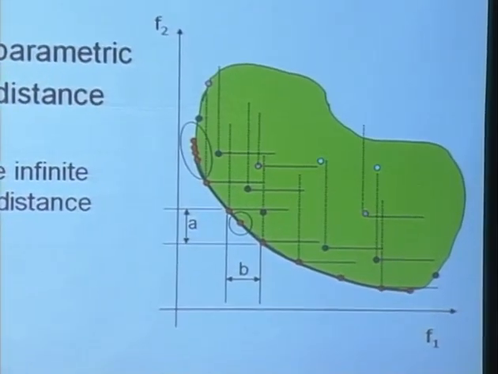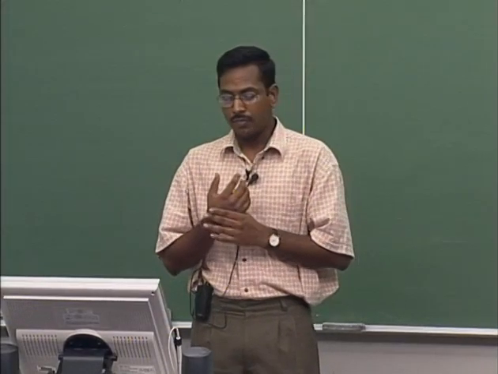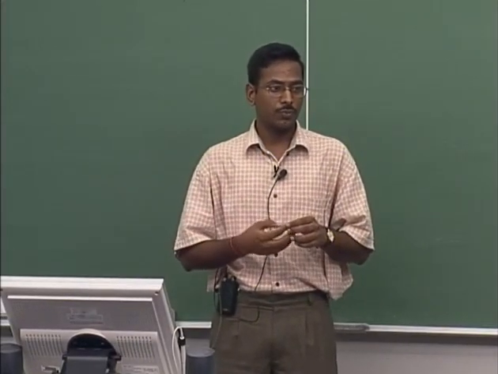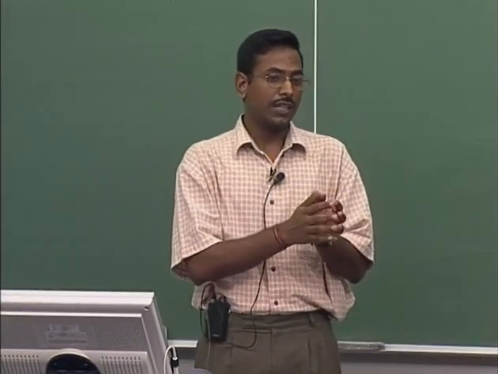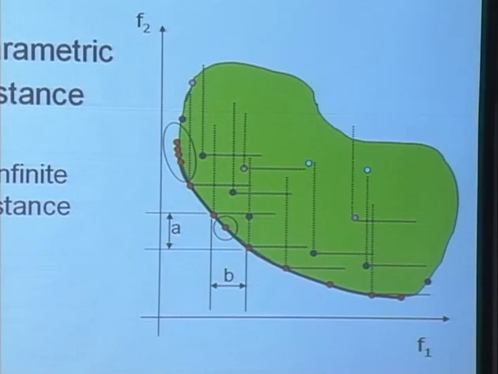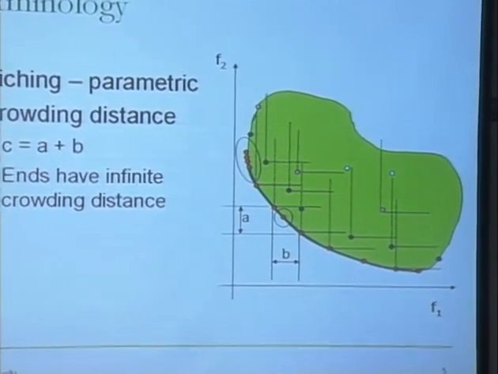If a lot of solutions fall in this particular radius, I would reduce the importance of this solution by the number of points I have, or by some means reduce the fitness of this solution such that it takes into account that it is crowded by a lot of solutions. So essentially I am saying, okay, you have found this solution that is good, but try to find solutions which are far from this. This approach is parametric, so we always have a dilemma of choosing the correct parameters.